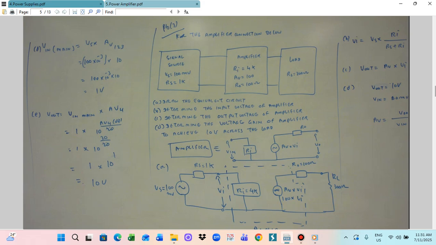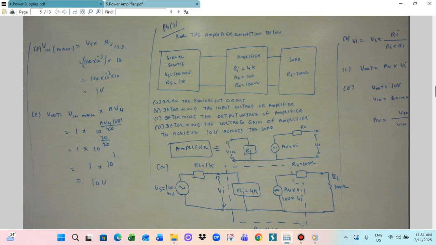AV we already know is 100, multiplied by VI. VI we don't know yet, so just leave it like this. The output resistance RO of the amplifier is 100 ohm, and the load RL is 300 ohm. So this is the equivalent circuit diagram for the amplifier.